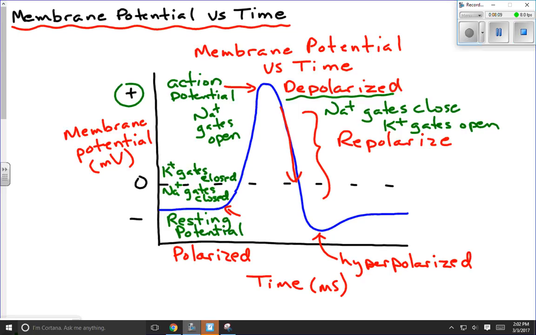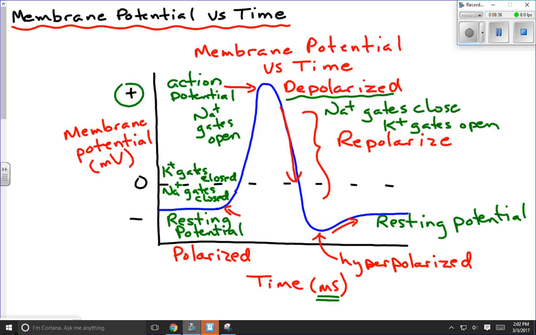And it's during this part of the graph right here where those sodium-potassium pumps fueled by ATP are going to restore the polarized state of the neuron, and we end up back at resting potential all over again. Now, there's a lot going on this particular spot on the membrane of a neuron, and this is all happening in a matter of just a few milliseconds.